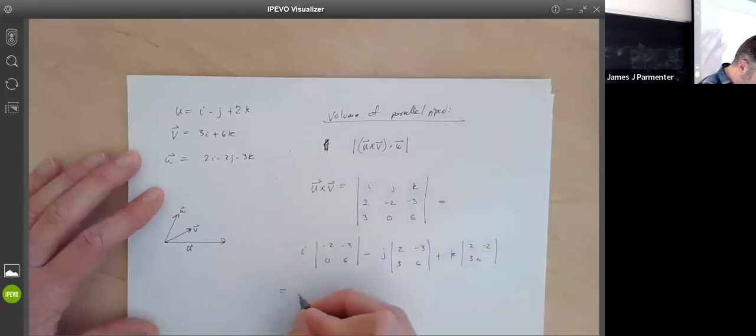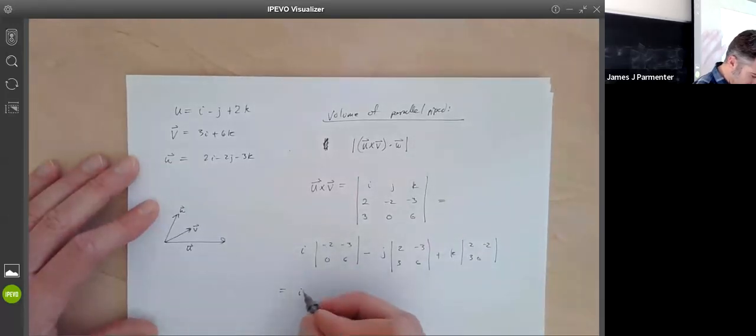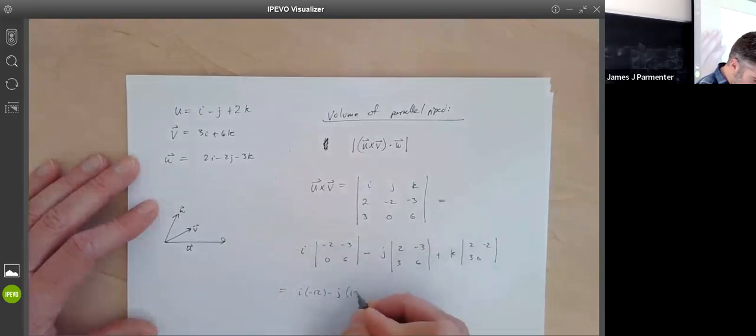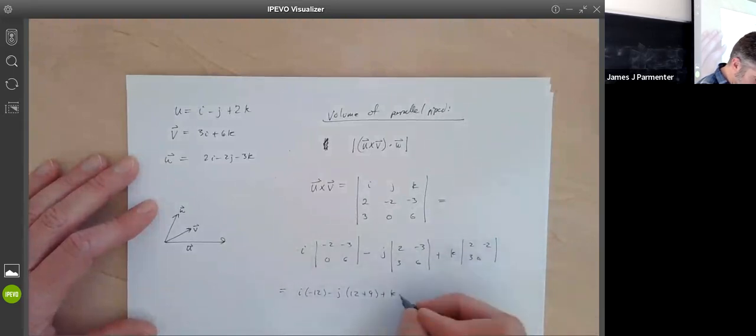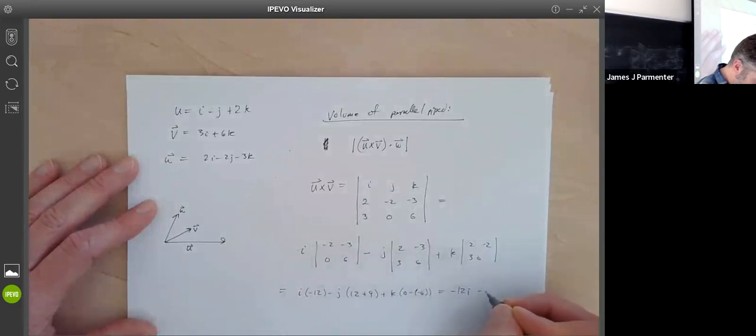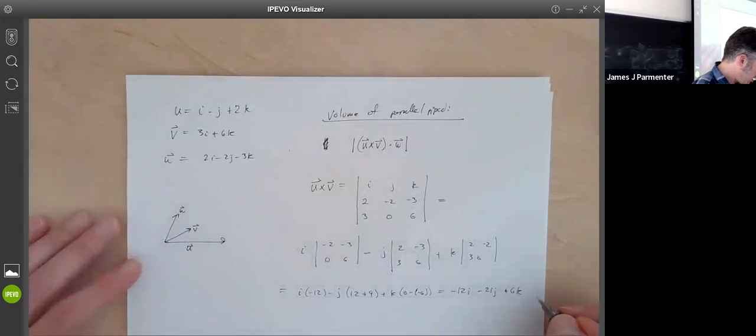And that's going to be i times -12 minus j times 12 minus -9 plus k times 0 minus -6. So we're getting -12i minus 21j plus 6k.